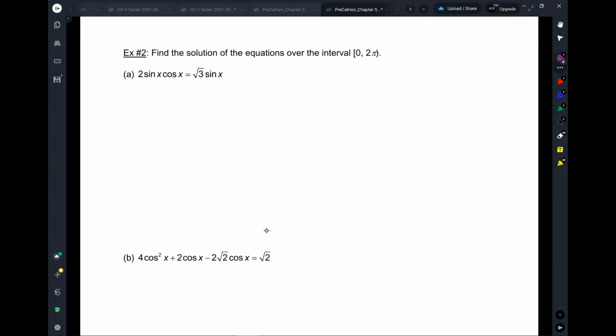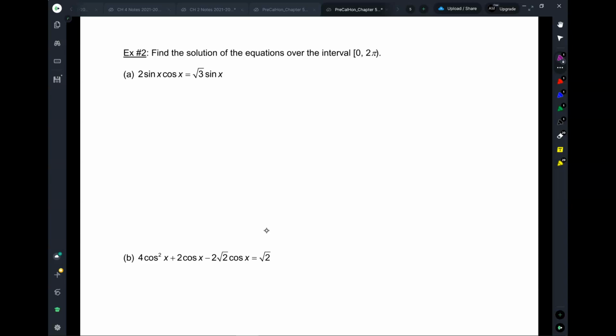Okay, here. Sine x cosine x equals root 3 sine x. What would you suggest to do first? I always want somebody to say, let's divide by sine x.